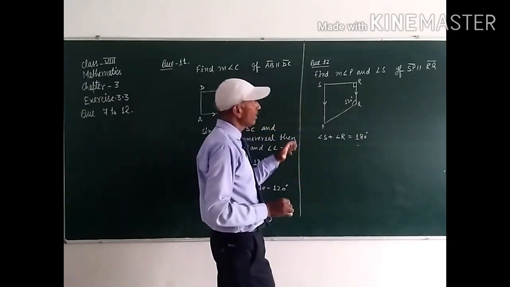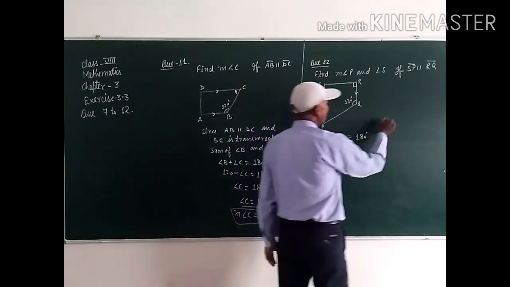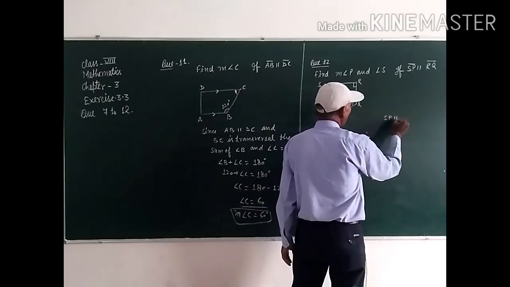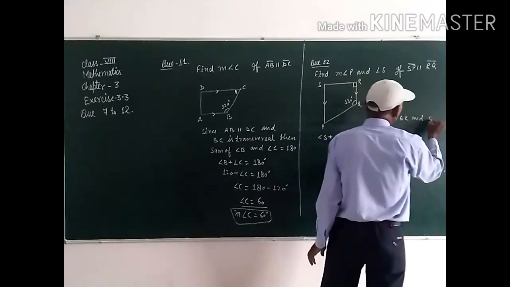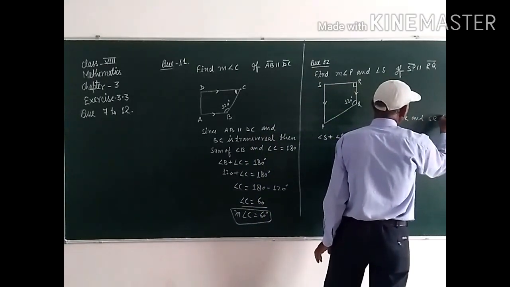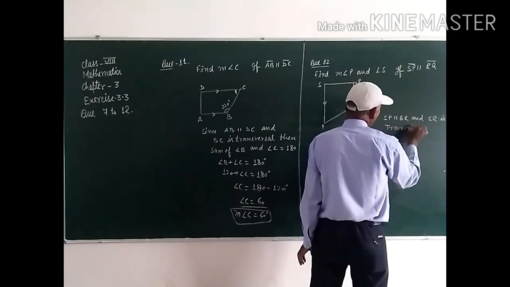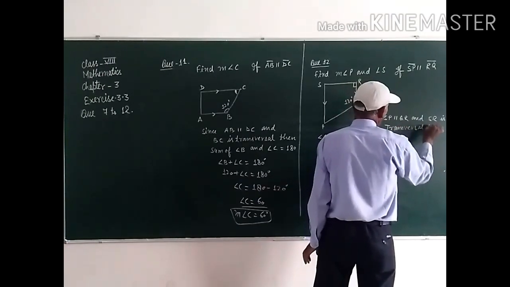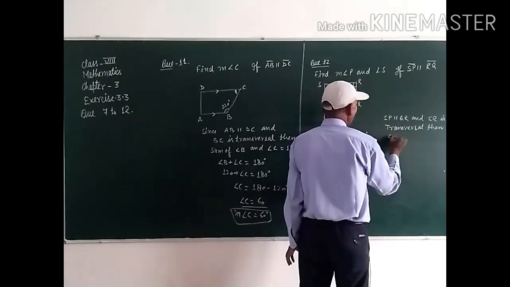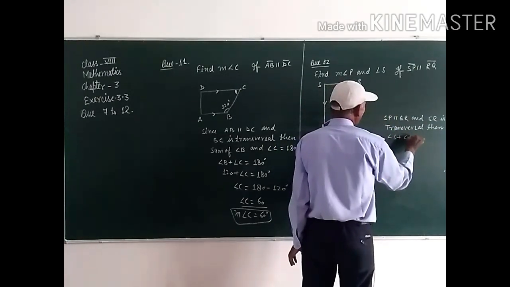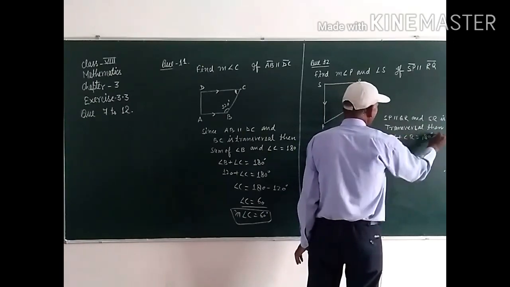Same reason student, as SP is parallel to QR and SR is transversal, then angle S plus angle R is equal to 180 degree. Clear student?